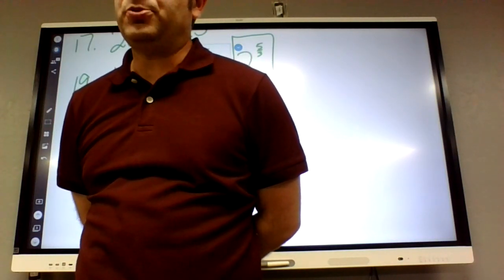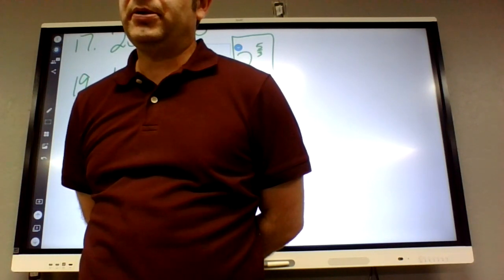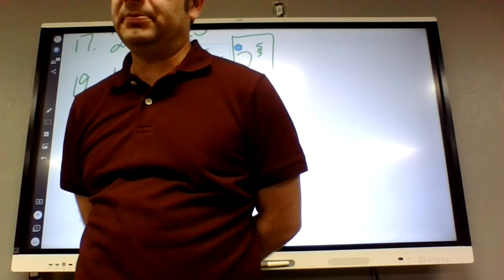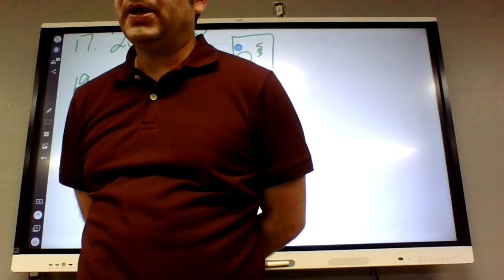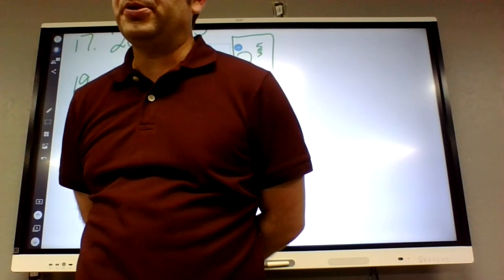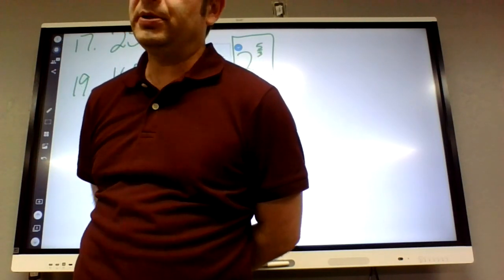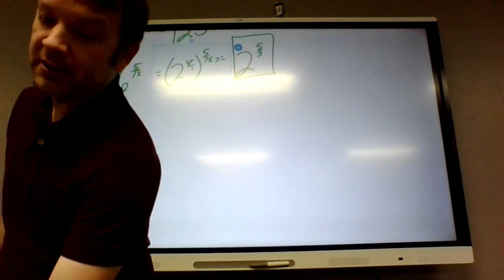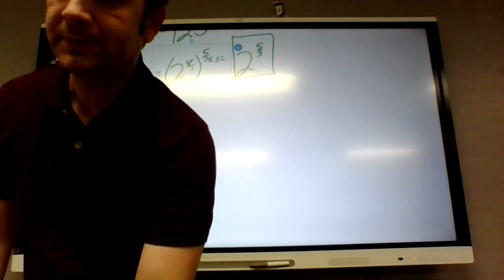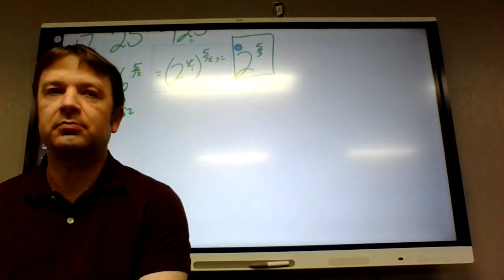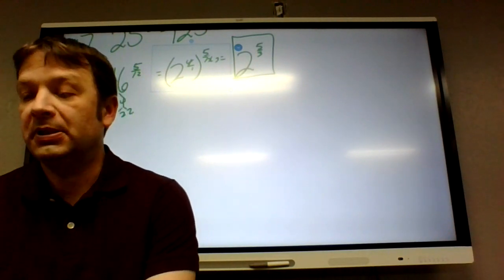Okay, on number 20, I really wish they would have given better directions on this part. Maybe we should just think of it. The 1/3 power is like what? It's like a cube root.